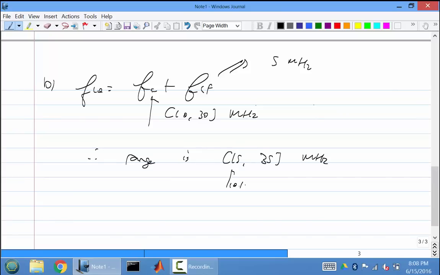So if you're tuning into your station between 10 and 30, you have to make sure that your local oscillator is your intermediate frequency above, so that when you do the mixing, you'll bring everything down to 5 megahertz.